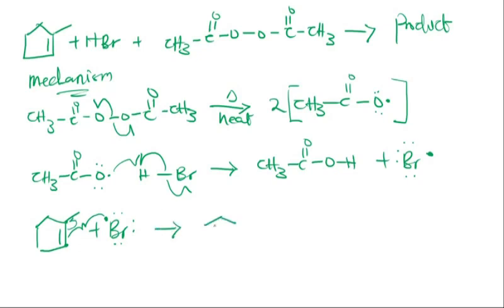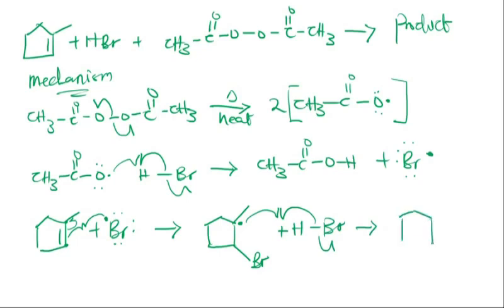So we have this. Sorry for how I'm showing the arrow poorly over here. So the radical will be here, and the bromine attached to the less substituted carbon. From here another HBr molecule will come and react using one electron to give us our product.